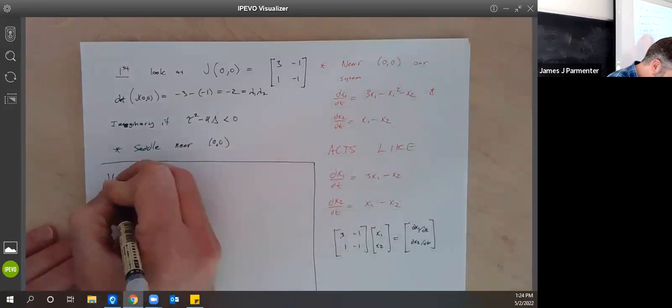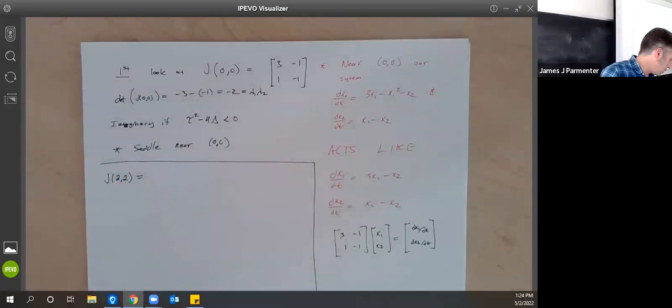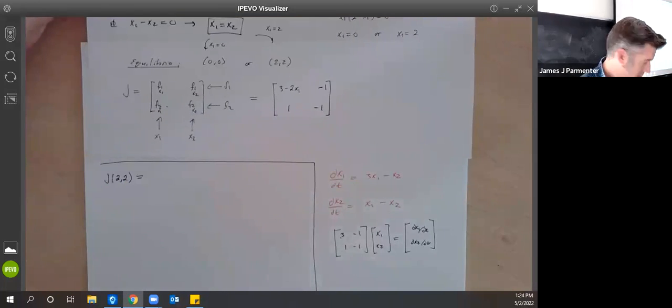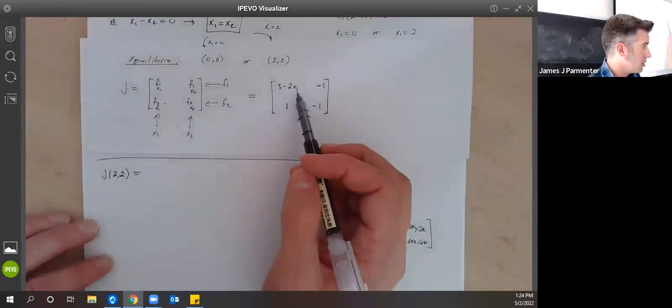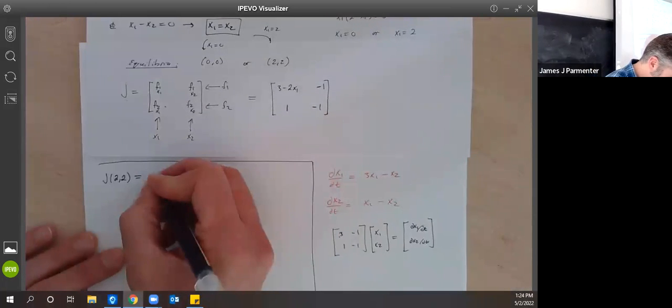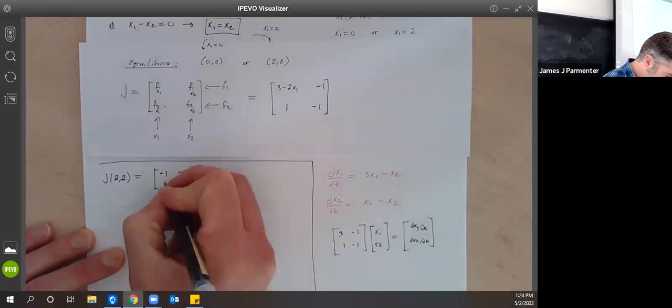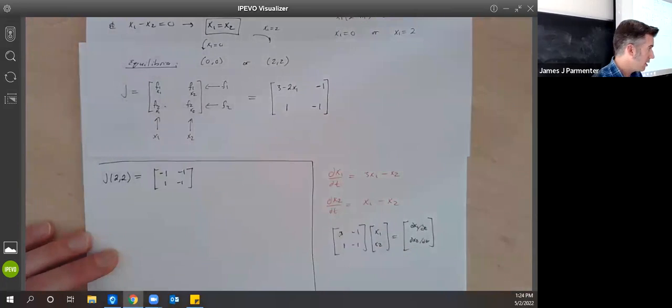We're going to look at the Jacobian evaluated at the other equilibrium, J of 2, 2. I'm just taking my Jacobian and plugging in 2 for x1 and 2 for x2. We get 3 minus 4, so -1, -1, 1, -1.